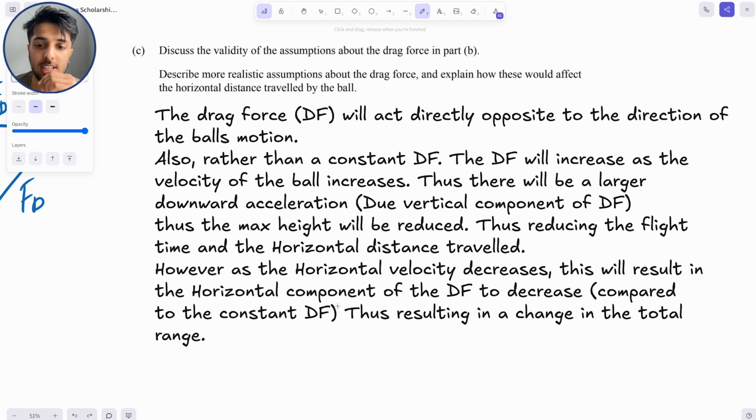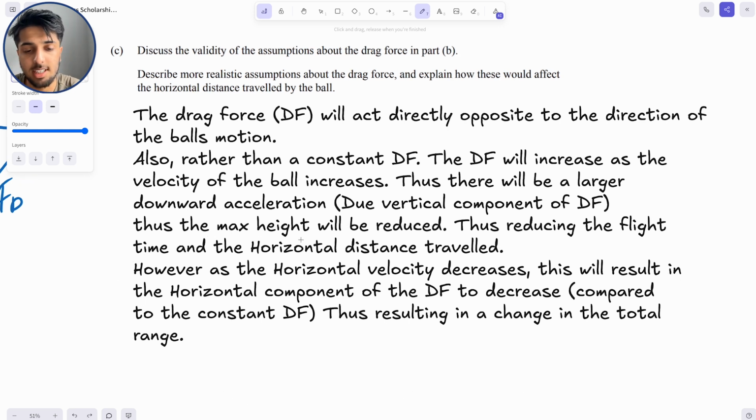However, if the drag force decreases in the horizontal direction, this may cause an increase in the horizontal distance traveled. So there may be either a decrease or an increase depending on whether this is more significant or this is more significant. And so that's why we say change rather than increase or decrease.